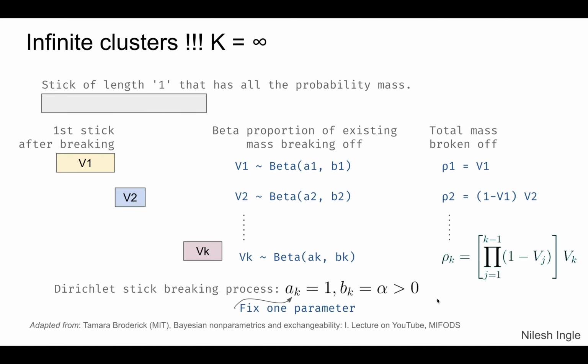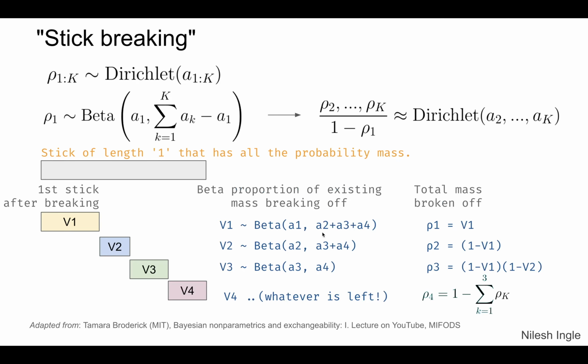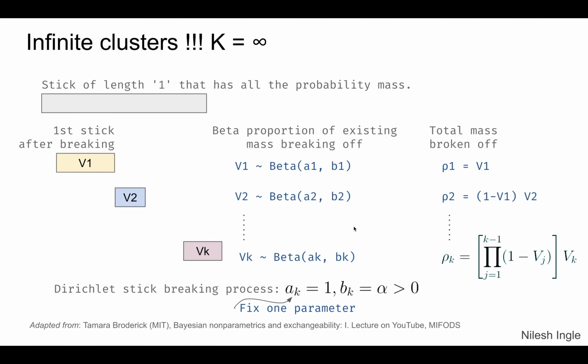Now, if we have infinite clusters, it's the same process that we would go through as before. So here we had these parameters. The difference here is that we have A and B listed instead, and all the A's could be set to 1 and all the B's could be set to a value that is greater than 0.